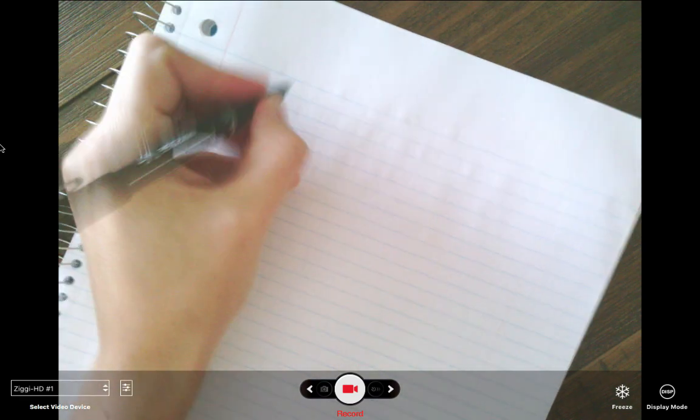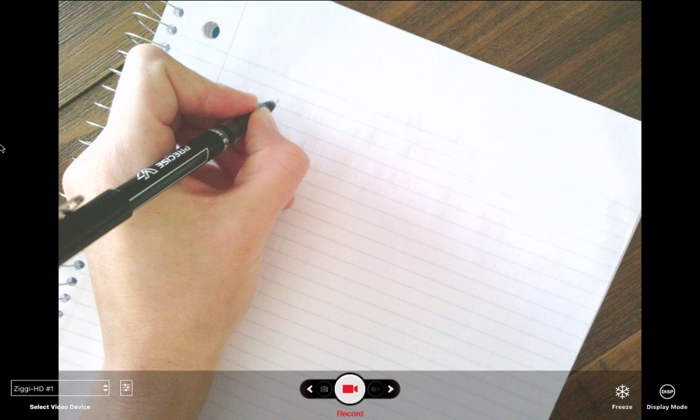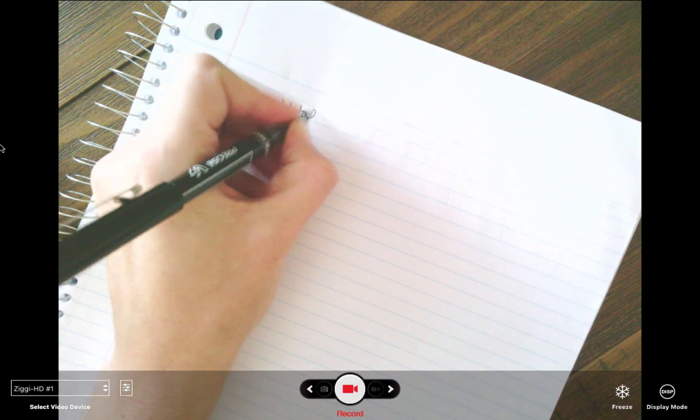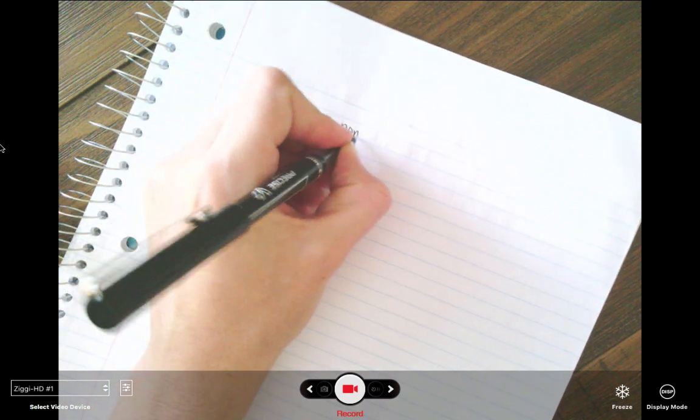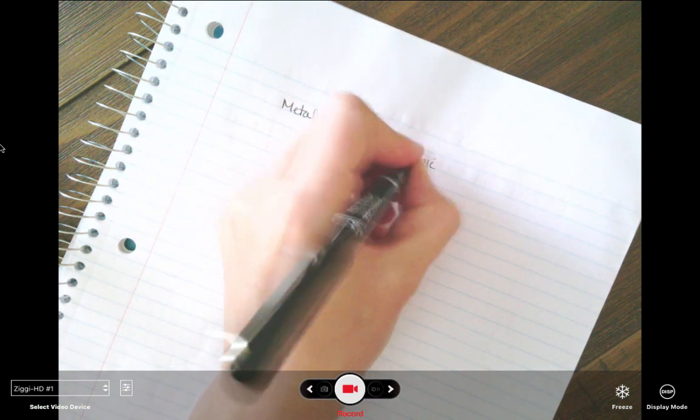I'll give you a couple more examples, but I'm going to write this just as the metal, nonmetal ionic compound formula. So I'm going to take the metal, add it to the nonmetal, and I'm going to form a compound called an ionic compound.